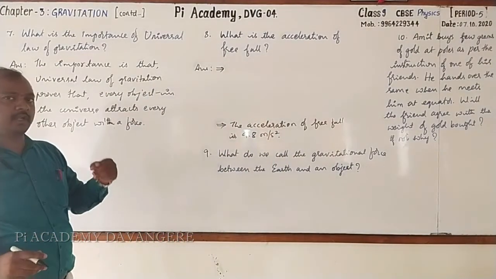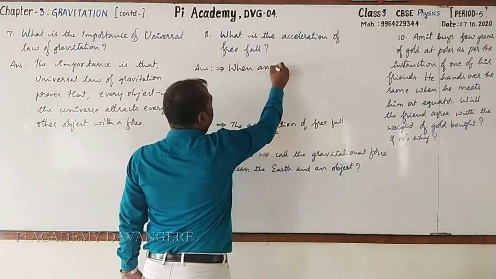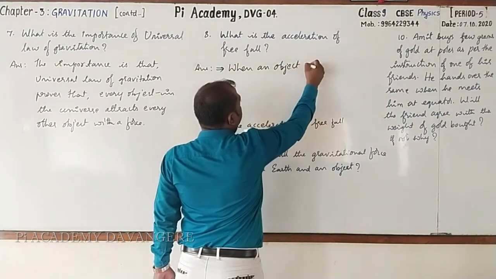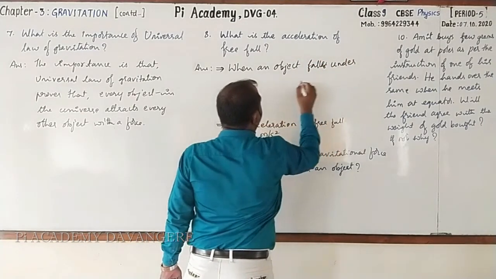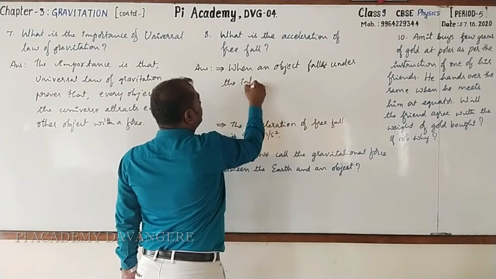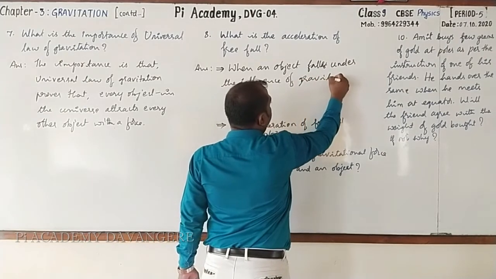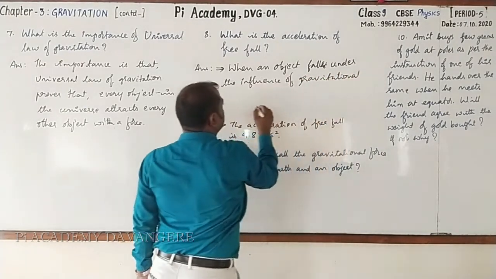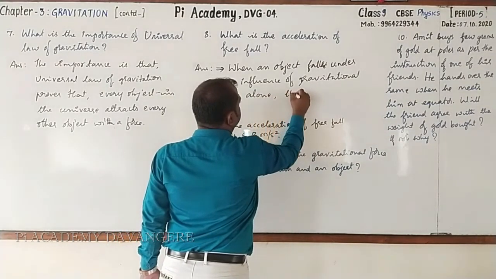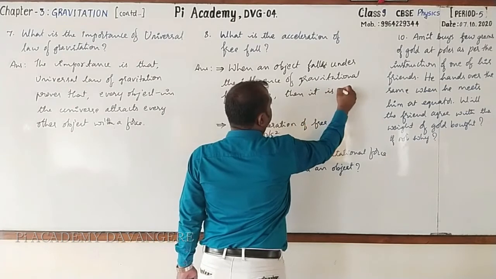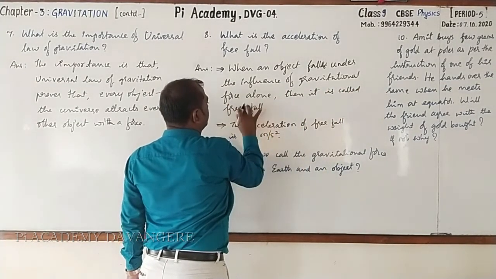But let's go for writing even free fall also. Definition of free fall. When an object falls under the influence of gravitational force alone, then it is called free fall.